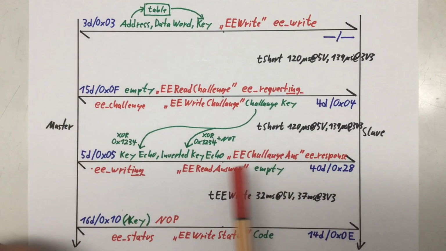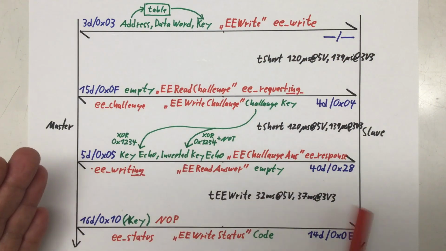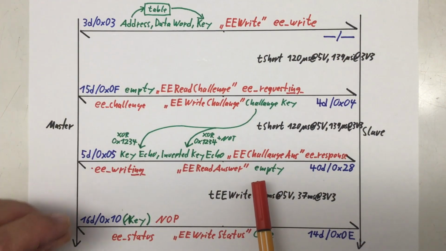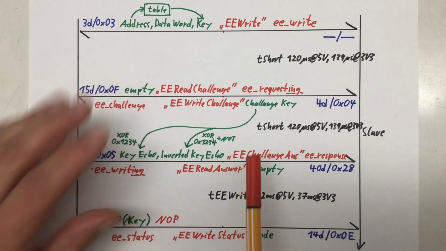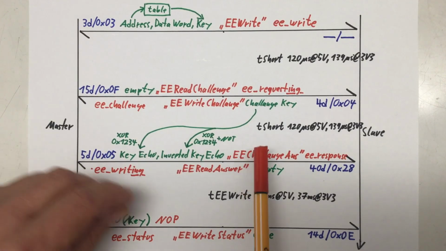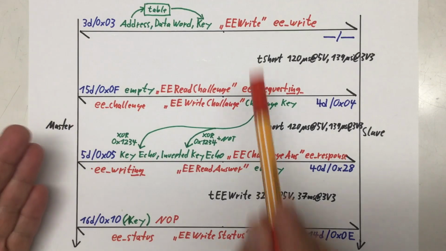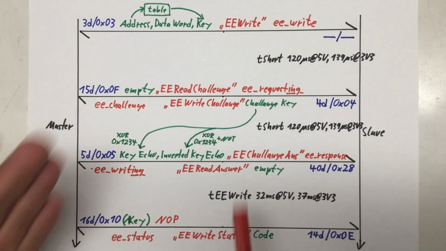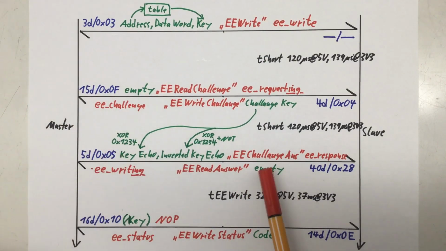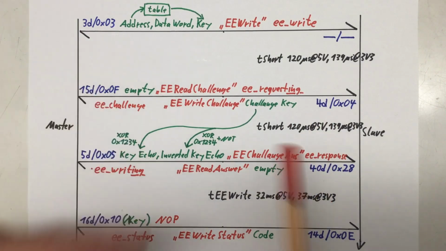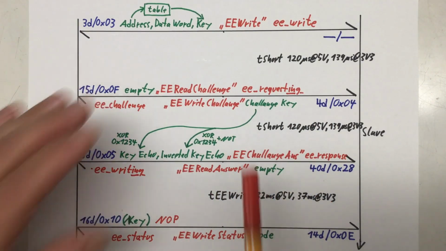Now that we've implemented all required messages to write to the EEPROM, we can create a high-level function within our library that implements the whole process. Remember, it takes a total of 4 SPI transactions to write a single word to the EEPROM, and we don't want to burden our application with that.